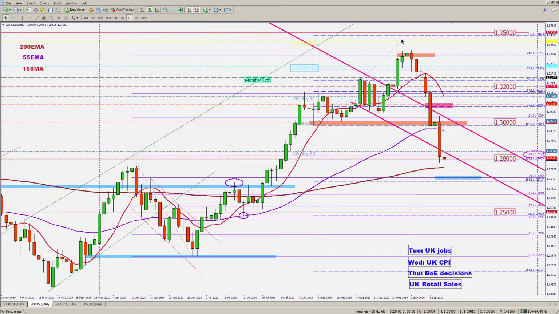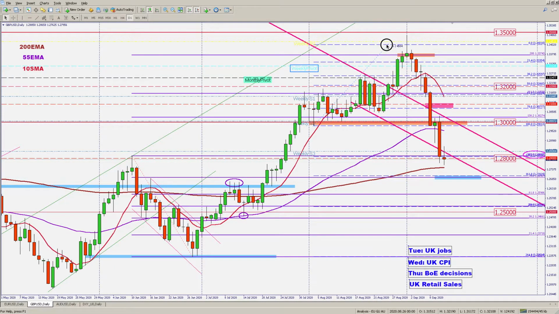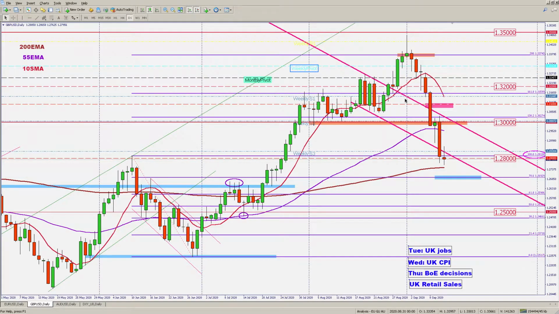Let's take out this fib for now. Eventually it has come back to retest this swing high at the 128, and it fell through the previous bearish channel and fell out again.